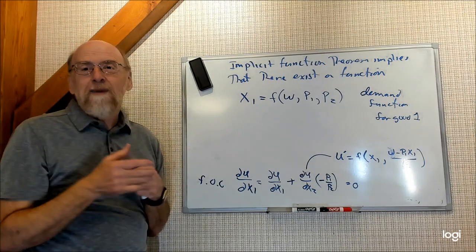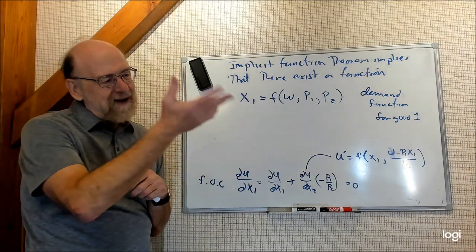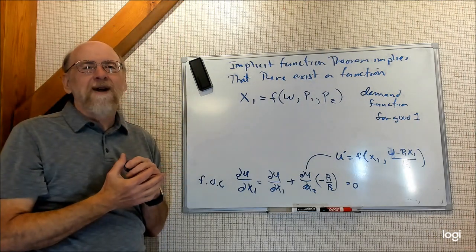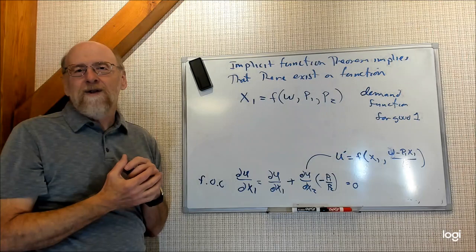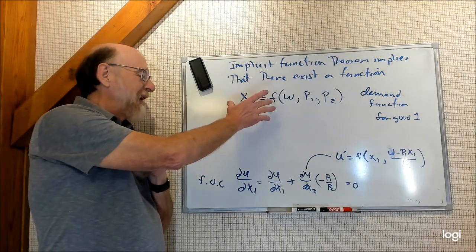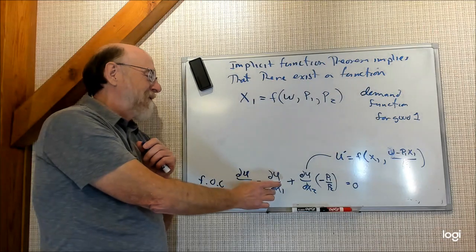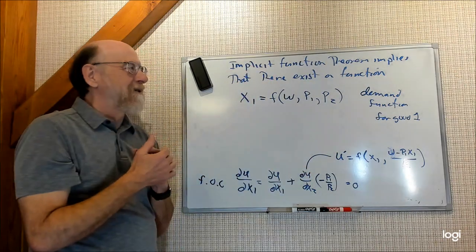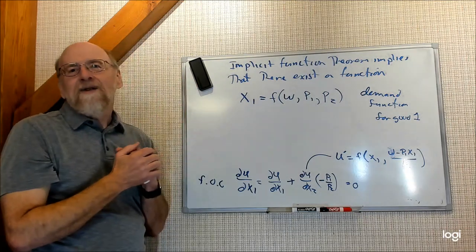Maybe 3 lines, depending on if you count figuring out what to substitute into the utility function to describe the path of good 2, of x2. But basically, you do that, you take the derivative, set it equal to 0, and then apply the implicit function theorem, and you've got a nice, neat characterization of the demand curve.